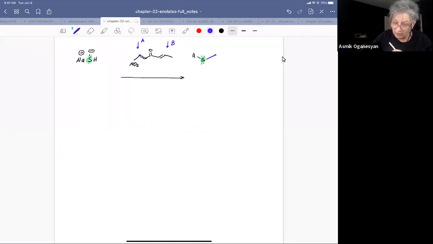So this carbon is the carbon that has reacted. The right-hand side of the molecule off of the carbonyl did not change. I did have a nitro group on, and in this case, linear molecule, that carbon could end up being attacked from top or bottom. So with that nitro group over there being the only chiral center, we'll end up with a racemic mixture of two products.